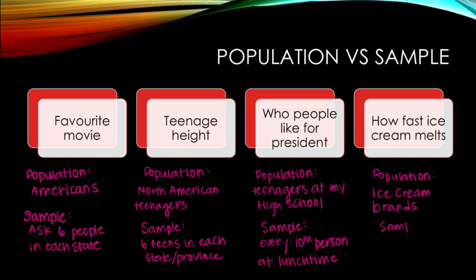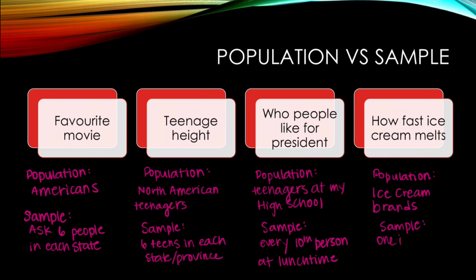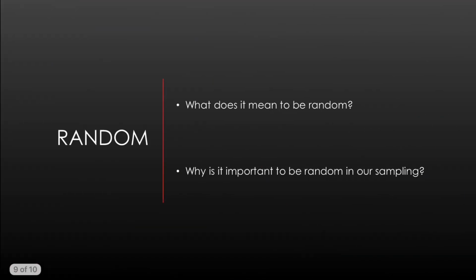And so my sample, in this case, since my population is ice cream brands, I'm going to take one ice cream from each brand at my store, for example. So you can kind of get this idea: population is who this information is really concerning, and then my sample is how I reflect that entire population at a more manageable level of asking.